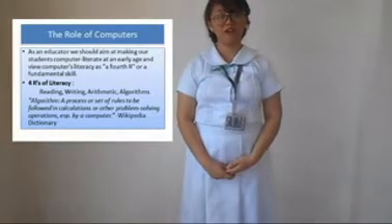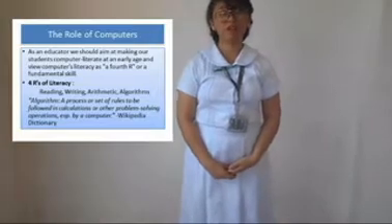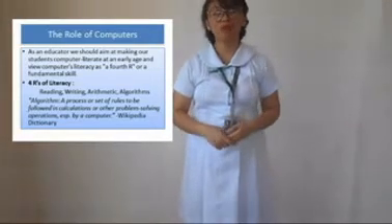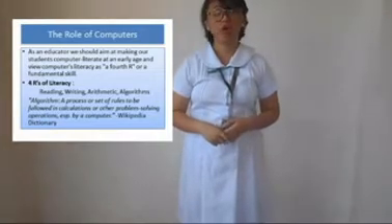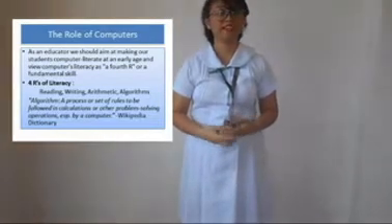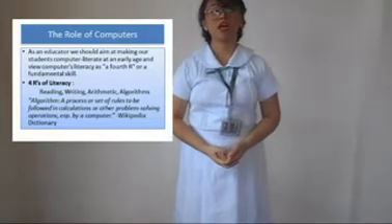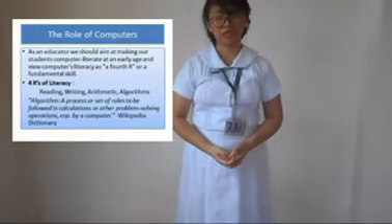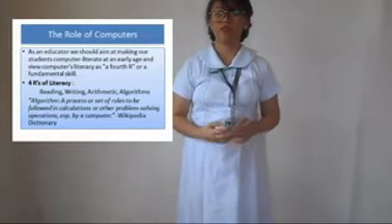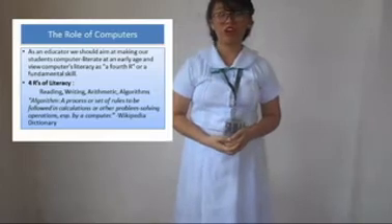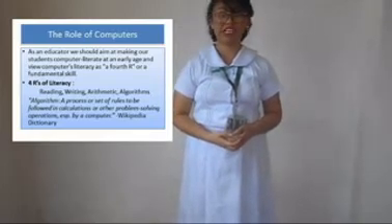Now we know the role of computers, and as educators, we should aim at making our students computer literate at an early age and view computer literacy as a fourth R, or a fundamental skill. So what are the 4 R's of literacy?